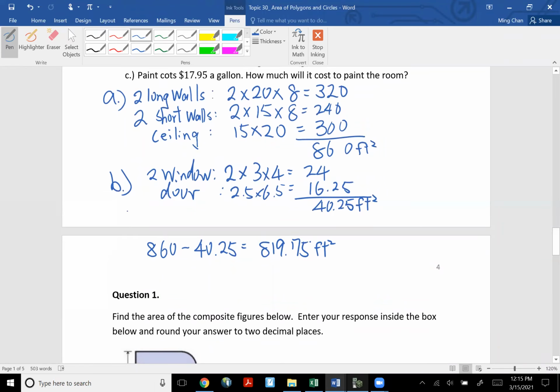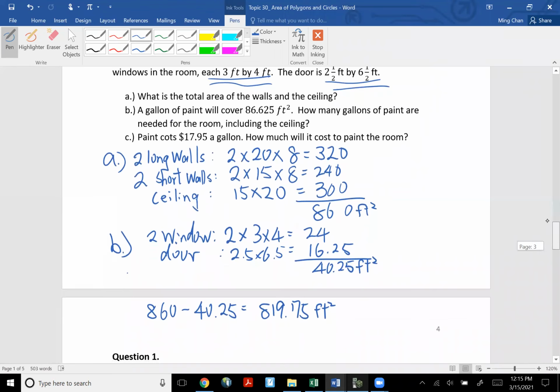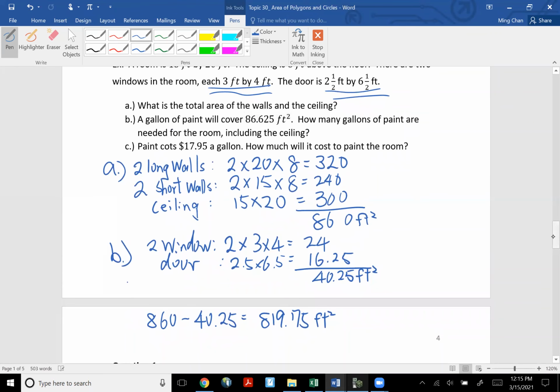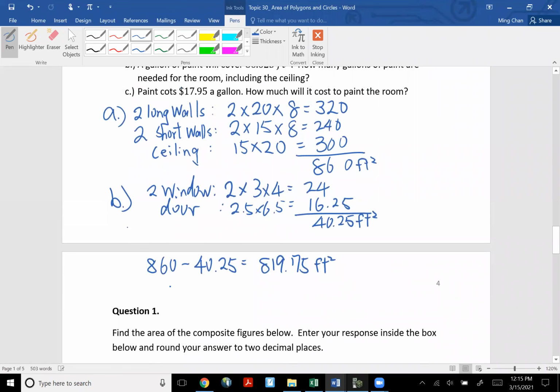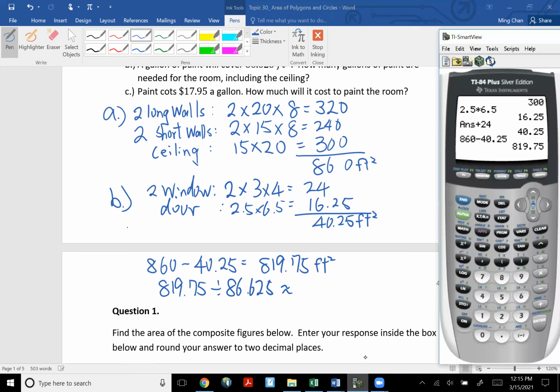So if we divide by 86.625, that will tell me how many gallons I will need.